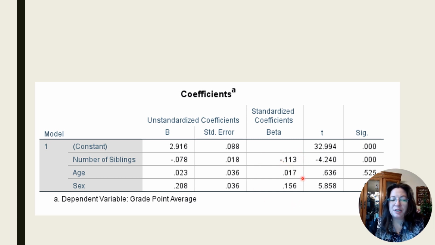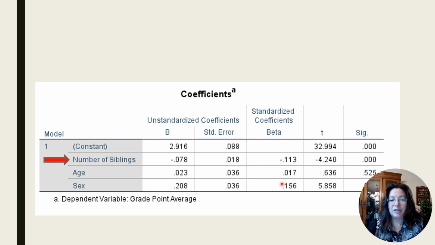If we look at these standardized coefficients, we can see that the biggest impact on whether or not students are going to have a high GPA or not is actually here, the number of siblings. Because with each additional sibling, their GPA decreases by 0.11. That's what that negative means, that the GPA is decreasing.